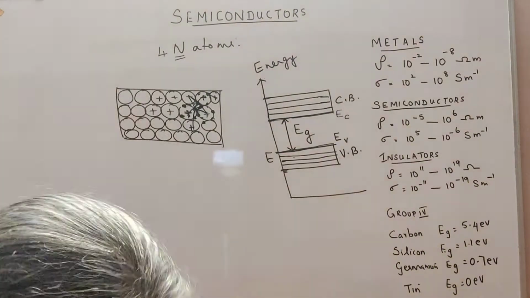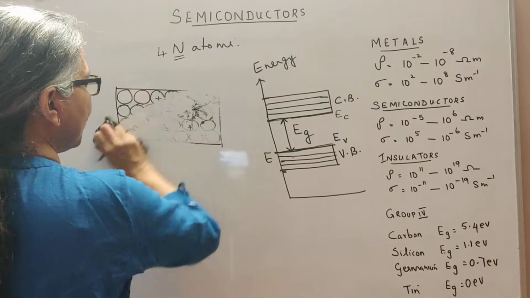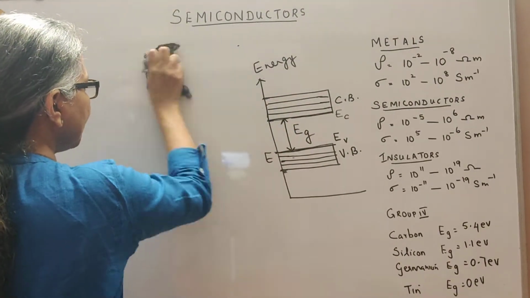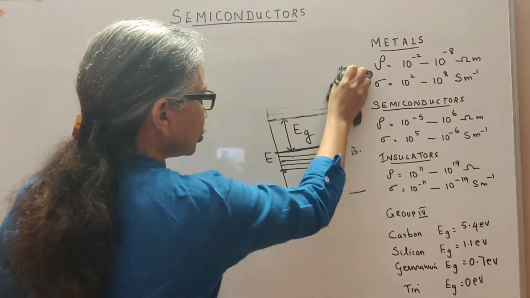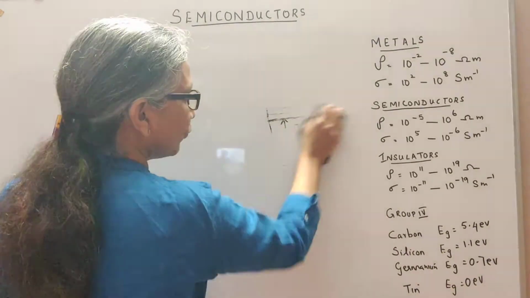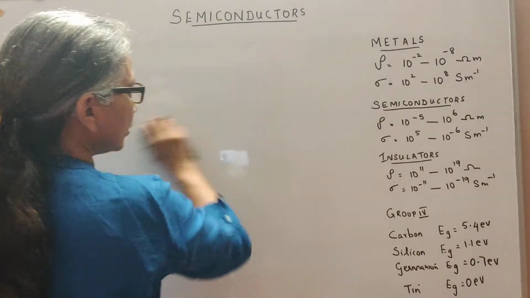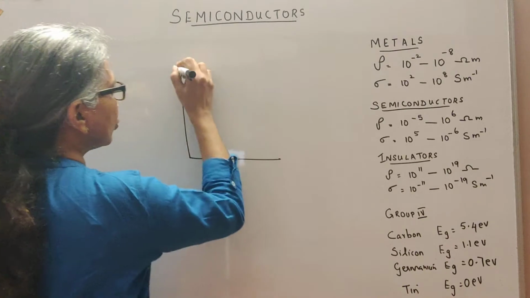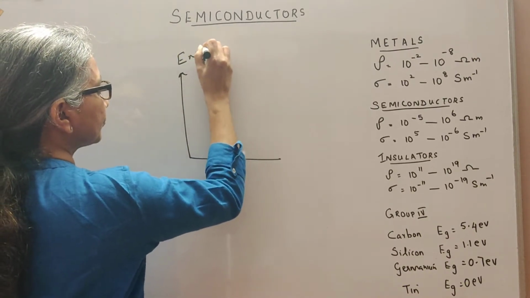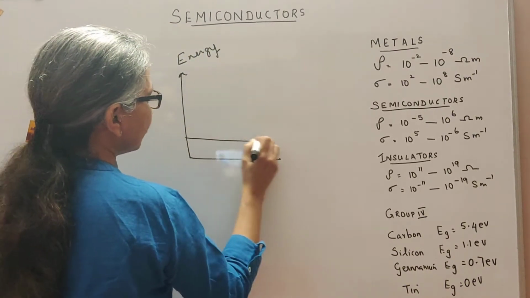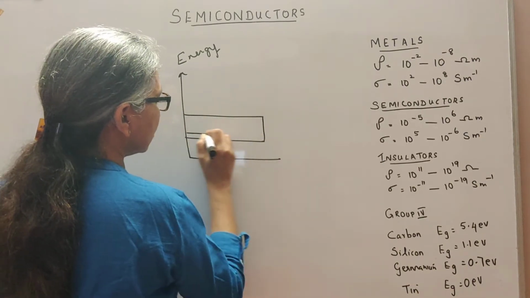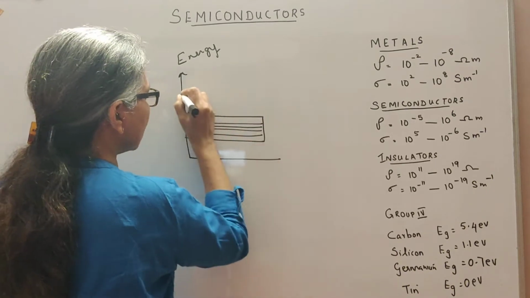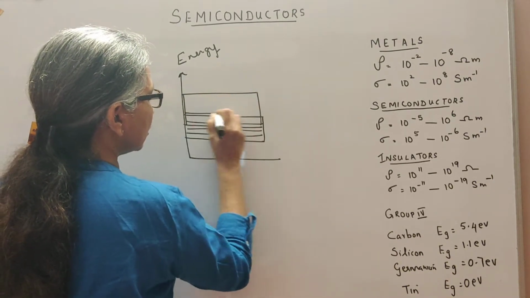Now if the conduction band and the valence band overlap each other such that there is no energy gap, then it is a very good conductor. If you draw the band diagram here, plotting the energy here, you have this as the valence band, and overlapping that we have the conduction band like this.